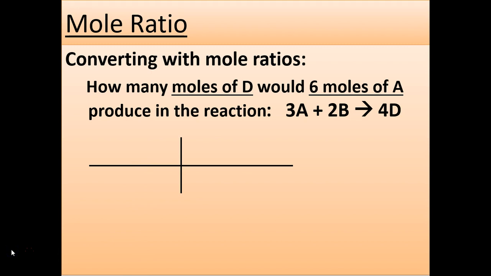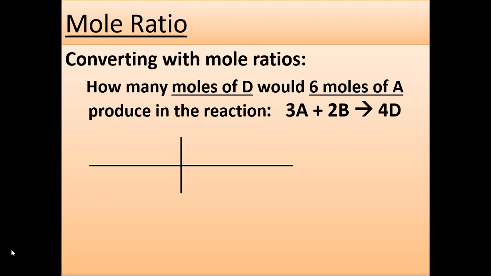Now, why are mole ratios important? Why do they even matter? Well, mole ratios allow you to convert between the units within an equation. All we've ever really done before is convert between grams and moles and atoms. But you are actually able to convert between moles of one thing to moles of another. And you use the mole ratio within an equation to do that.